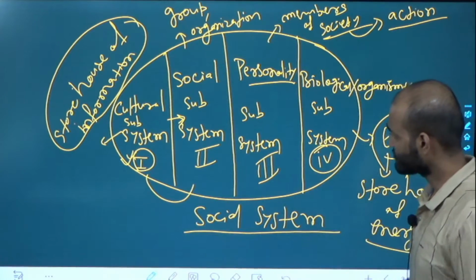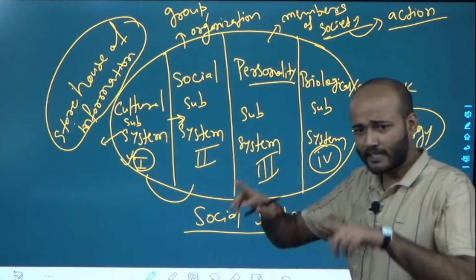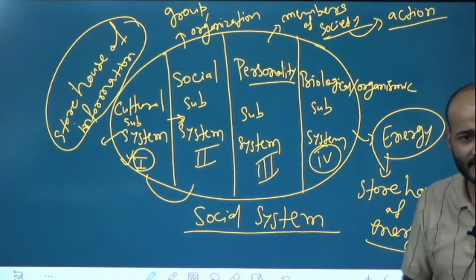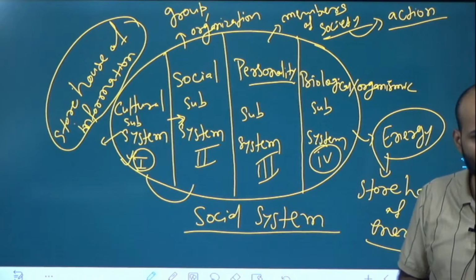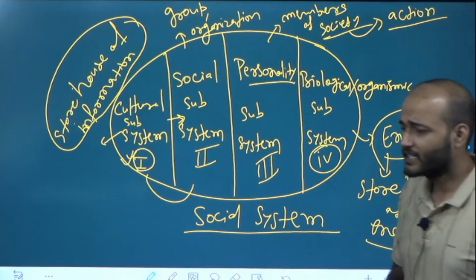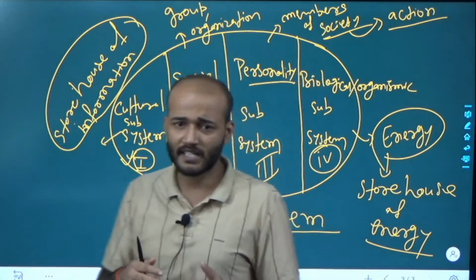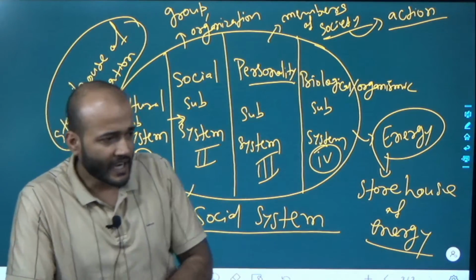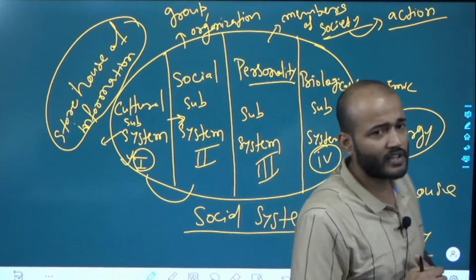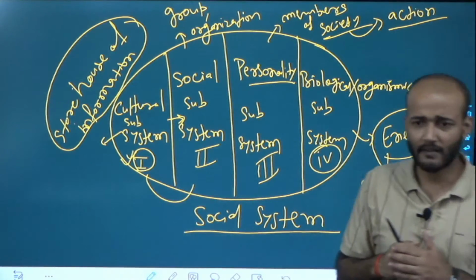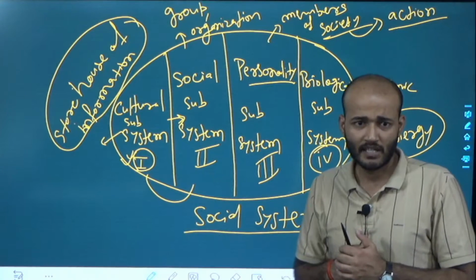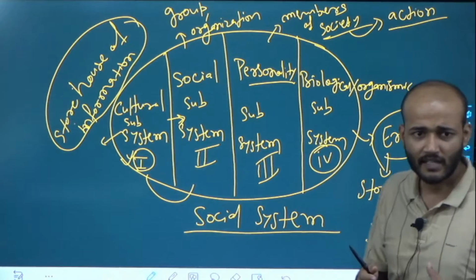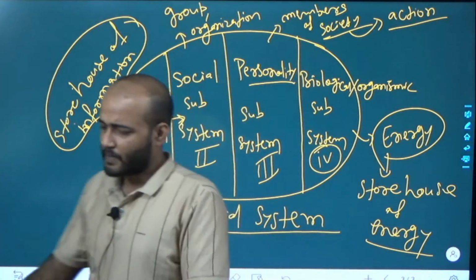And further he talks about, for better understanding of any society, if we are able to observe or understand its cultural system, social subsystem, personality system and biological system, then we are able to get a good picture of how society is progressing, how society is developing, and how society is able to maintain order and stability, which further makes a society progressive, which prevents the society from collapse, right? So these are the picture about social system.